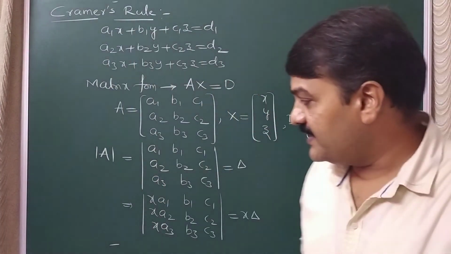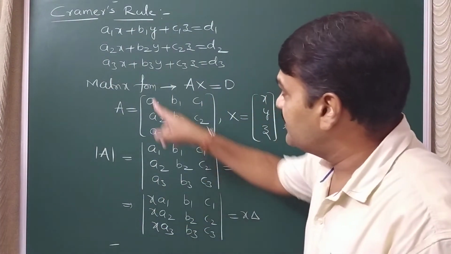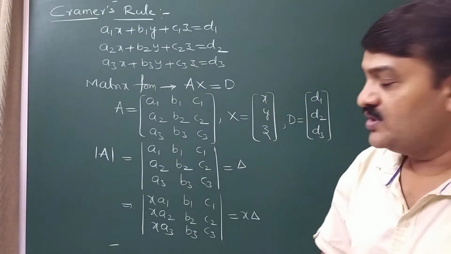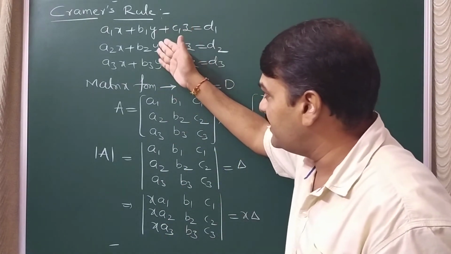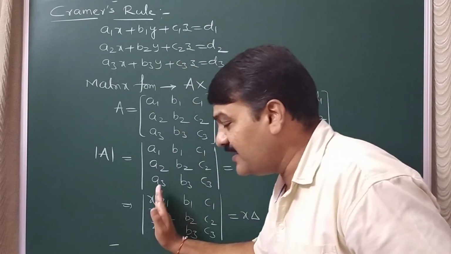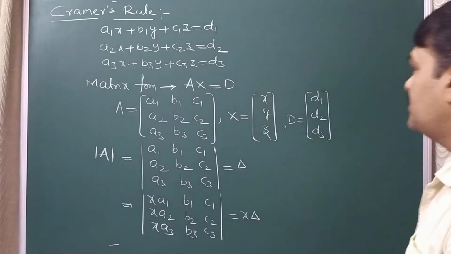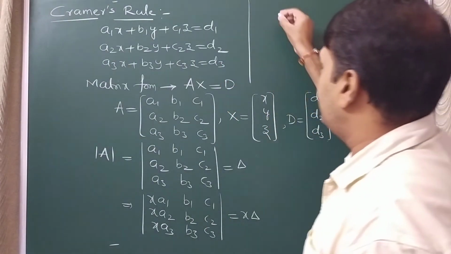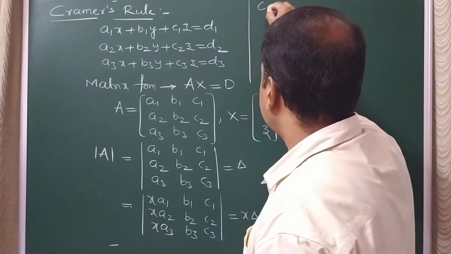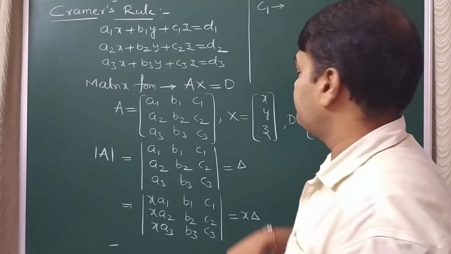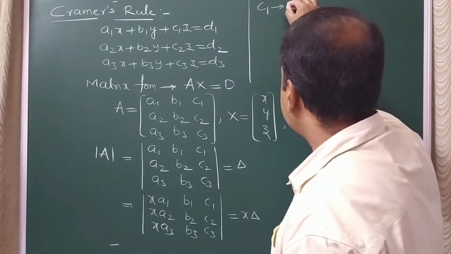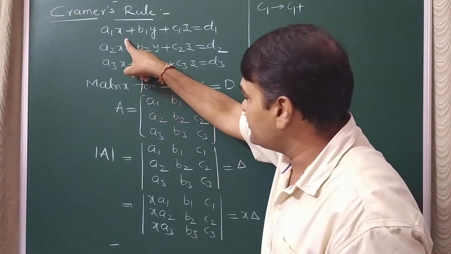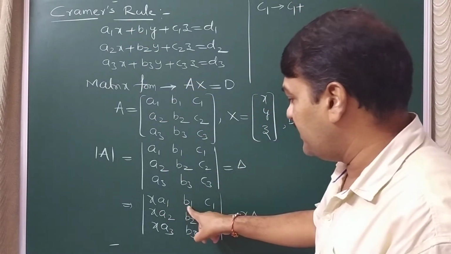Now I will try to get these equation terms in the first column. So how to get that? I will take C1, that is the first column, as C1 plus, to get this equation term, I have b1 here.